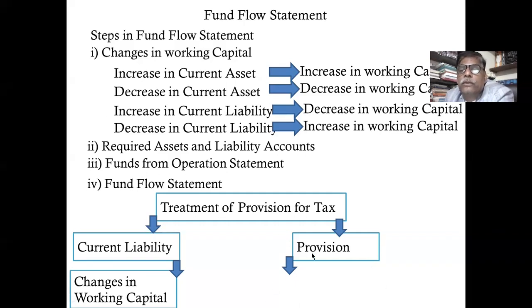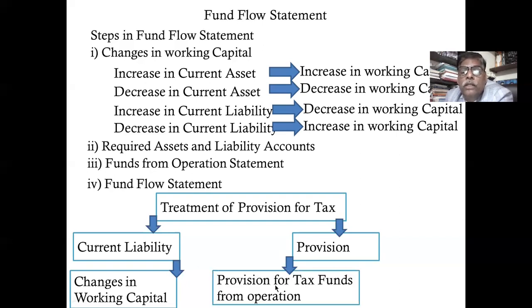If it is treated as a provision, what is your duty? You have to ascertain the current year provision made and the current year tax paid. If you calculate that, the provision for tax goes to funds from operation. Current year provision you take in the funds from operation, that means in the third statement.